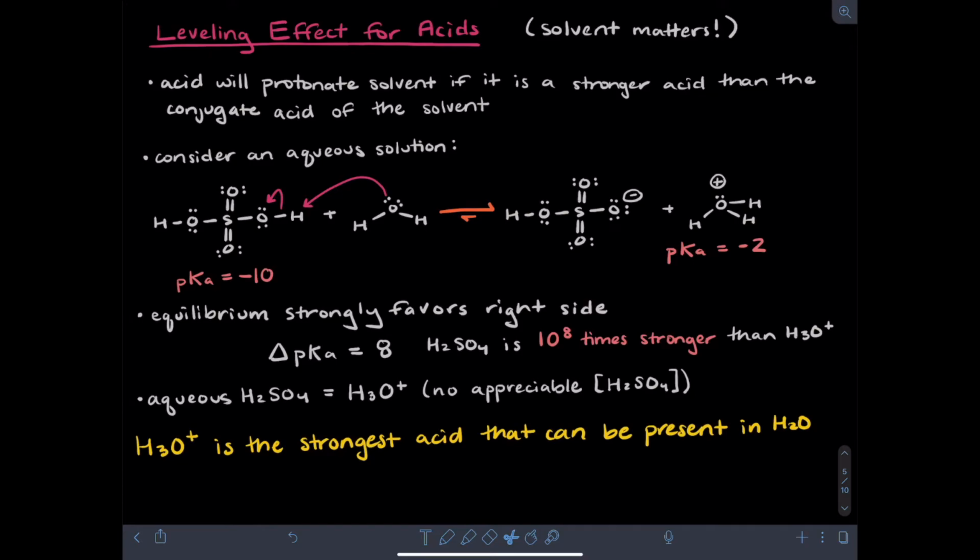Given that every acid that's stronger than H3O+ will react with water to form H3O+, H3O+ is the strongest acid that can be present in water solution. This is what's known as the leveling effect. You put in a stronger acid, but it reacts with your solvent to form a weaker one.